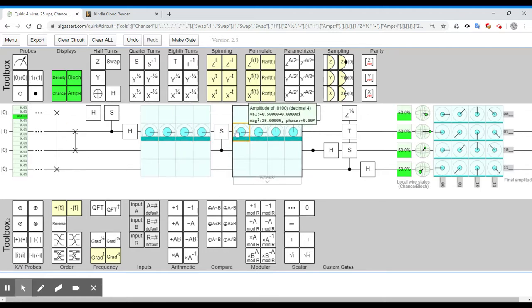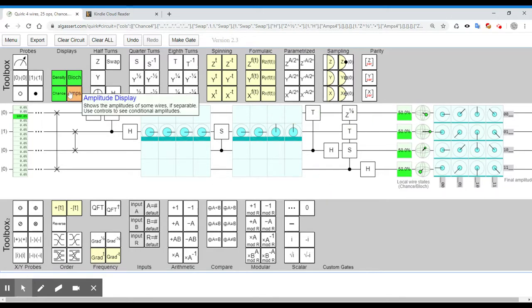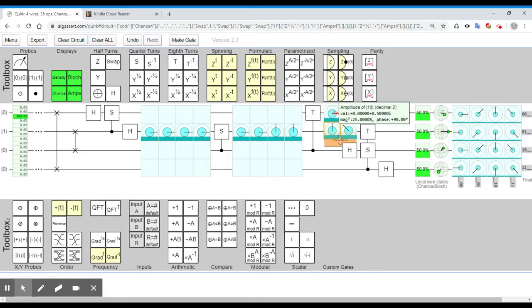If we swap these ones, so you're rotating these by 90 degrees. The swaps are confusing me.